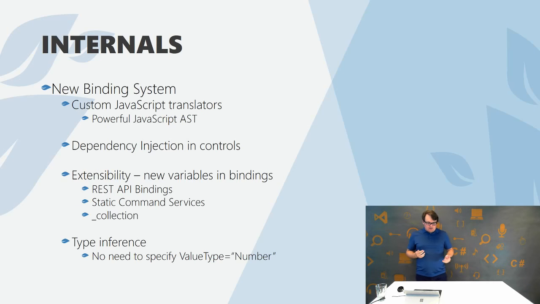And also, internally, this allows us to introduce very interesting features that wouldn't be available without this mechanism. The biggest advantage for me is the extensibility, because all the things you have seen, where I have registered a REST API client as a variable which is allowed to use in the data bindings, or the static command services was registered so it could be used in the data bindings, or the underscore collection variables.